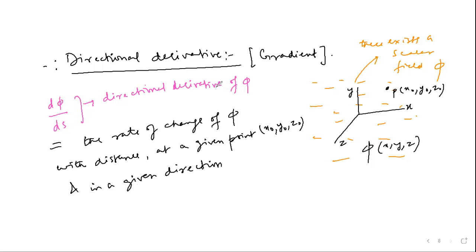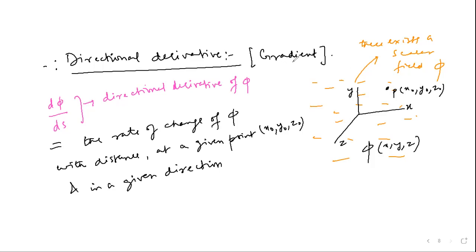So we have to specify the point and the direction. What is the meaning of that? For example, if I start at this point and move, I can move in different directions. Now, this directional derivative gives me the rate of change of the function, how rapidly this phi function changes as I move a certain distance at a certain point in certain direction, right?